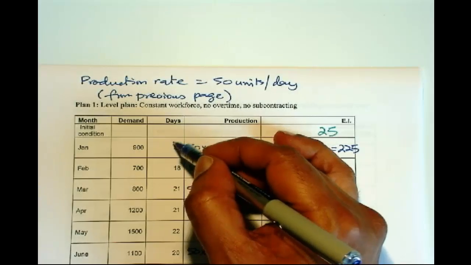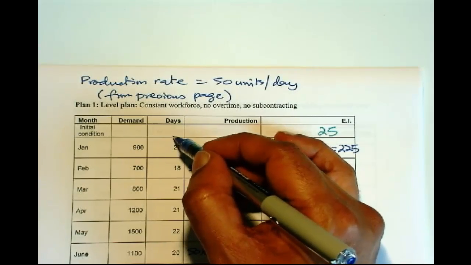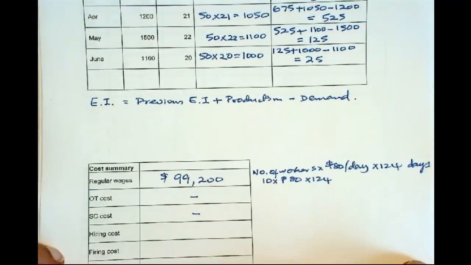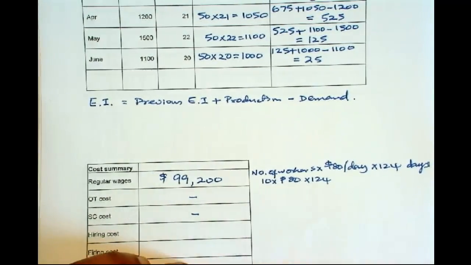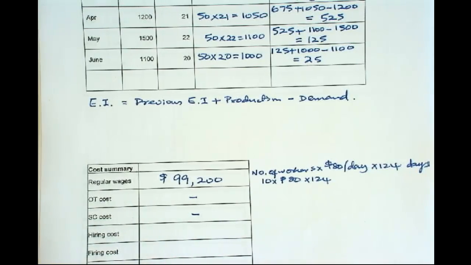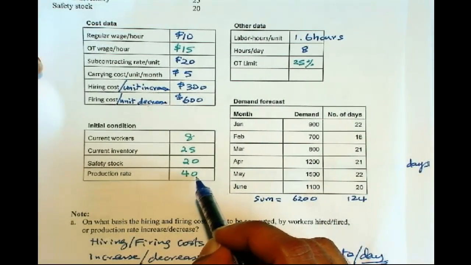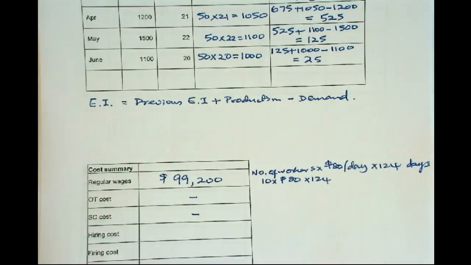But at the very beginning, there may be an adjustment needed from the previous production rate. So the previous production rate is 40. That's one of the pieces of information that we assume that's different from the chapter problem.